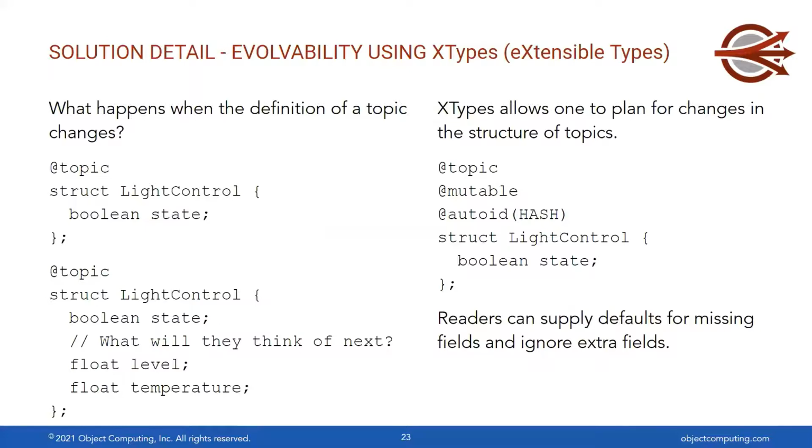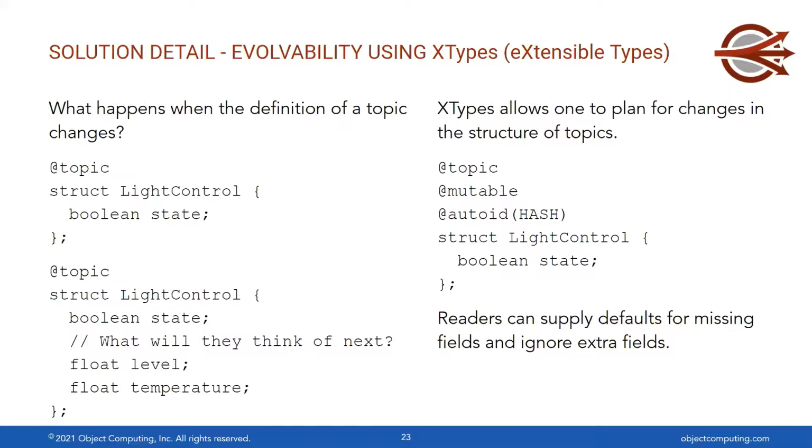So for example, if you were doing this 10 years ago, or maybe even a little bit longer than that, a light control would simply be a simple Boolean that's saying its state, whether it should be on or off. With new LED lights and advances in lighting, we can adjust the level or the intensity of the light, and we can also adjust its hue, the temperature.